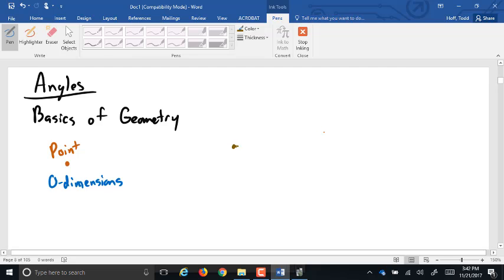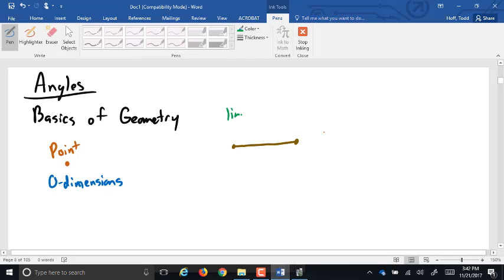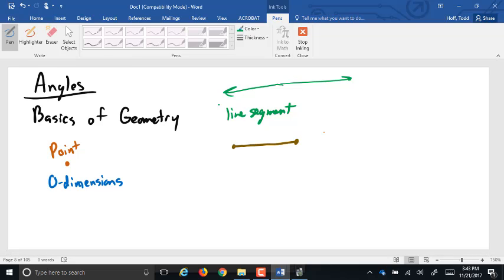If I take that point and I pull it in a single direction, I've traced out a line segment. It's often referred to as a line, but a line would go on forever in both directions, so it's not a true line. And in practical applications, there are not many real applications of a true line.